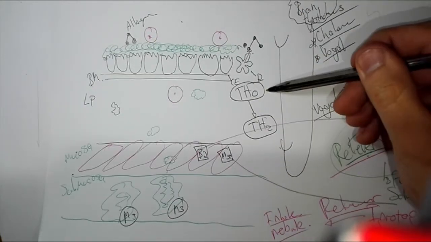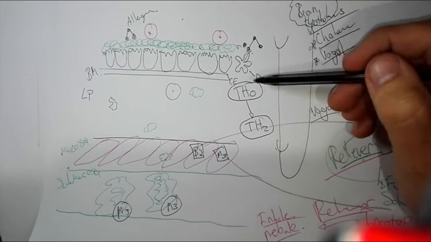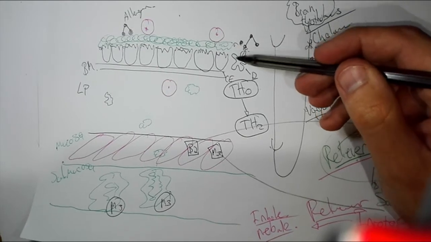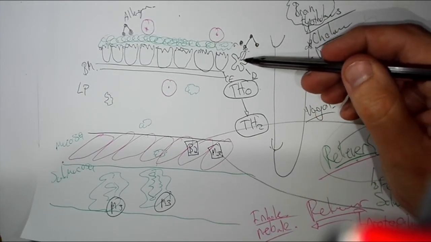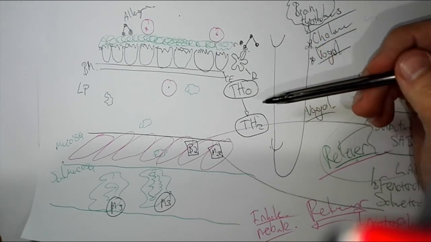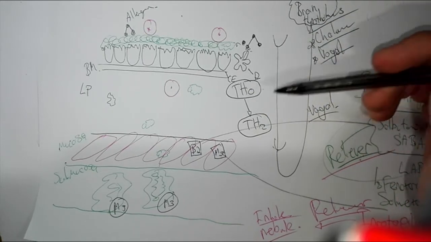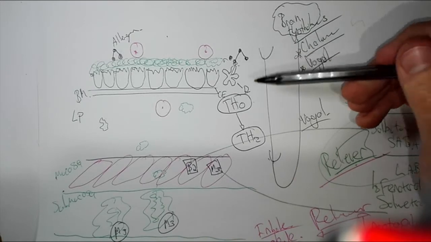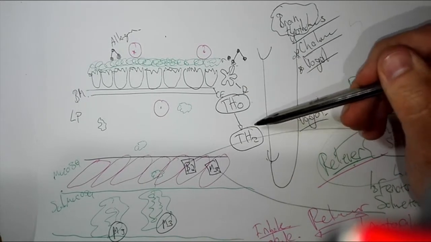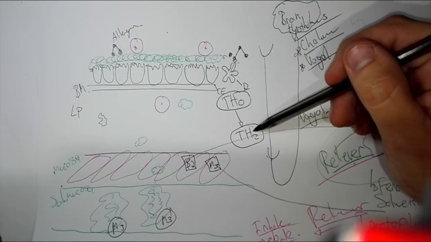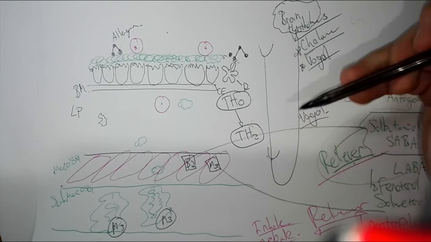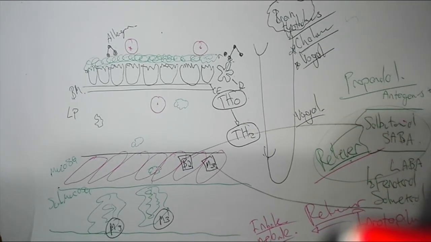So Jimmy's dad, this process never happened. His body never recognized the allergen as something dangerous. So the dendritic cell never told the Th0 cell, let's make a plan. So Jimmy's dad doesn't have a reaction. But Jimmy, who inherited the genes from his mother, now has this reaction happening in him. So we've now activated these Th2 cells. So now what's the problem? I have run out of space, but I planned for this.